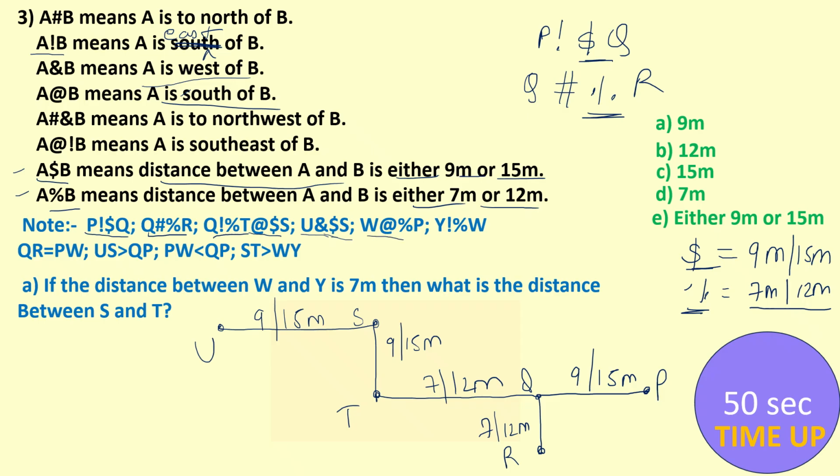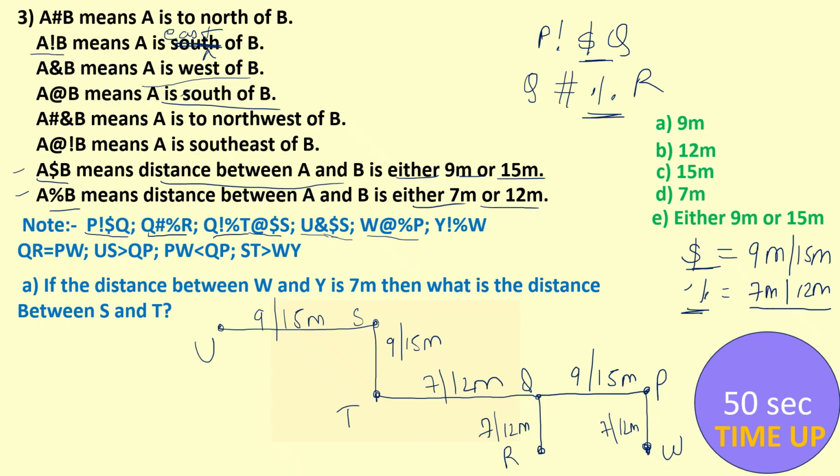Next, what they have given? W at percent P. W at P means what? W is to the south of P. So P is here, W will be here somewhere. And what they have given is percent. Percent can be 7 or 12 meters. So exactly in the R direction will be your W, which is 7 or 12 meter.